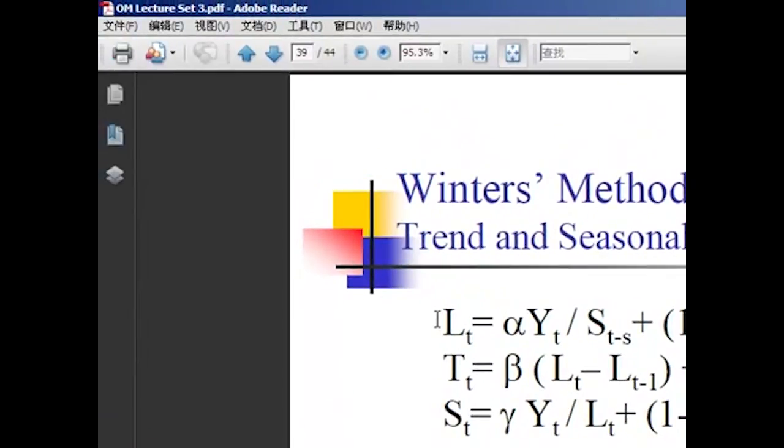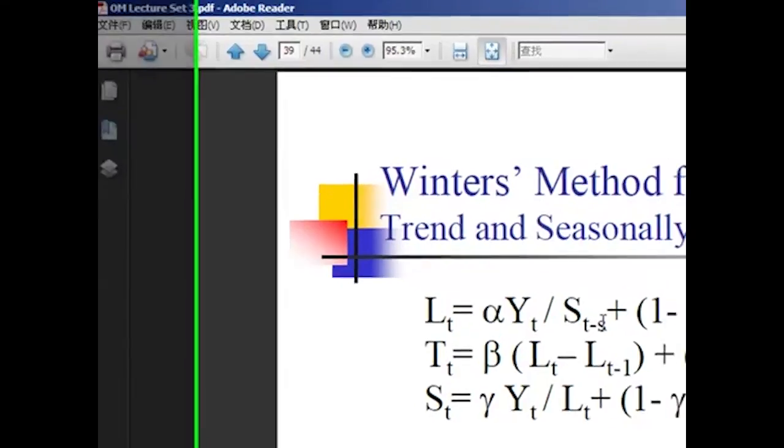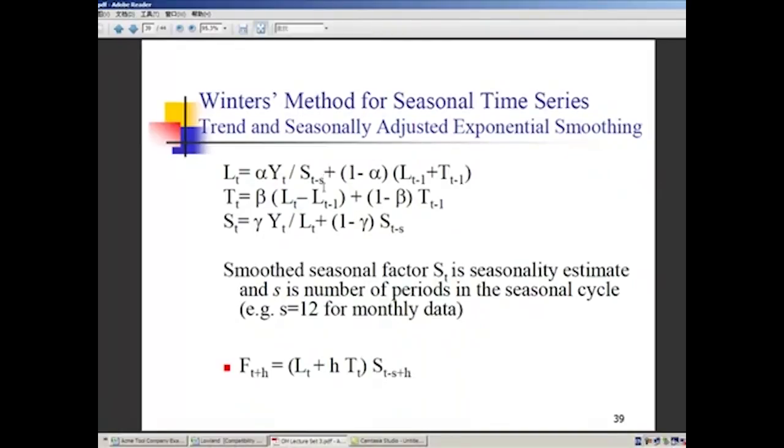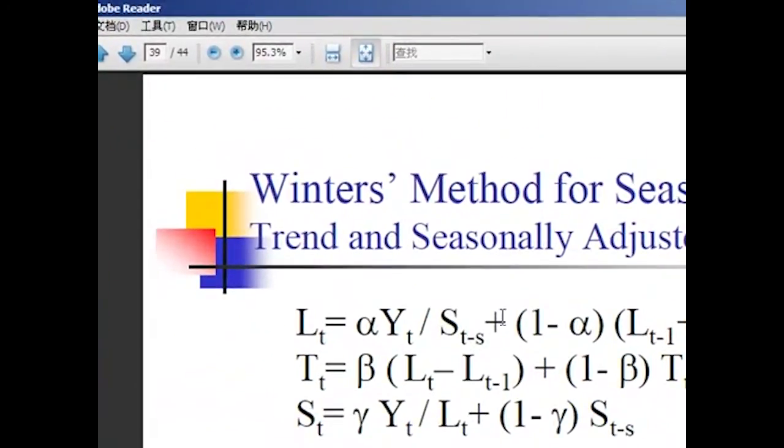When we update our estimate for the level, it looks similar to the Holt model, but we must adjust these estimates by the seasonal factor. If it's monthly data, then S equals 12. If it's quarterly data, S equals 4. So it is adjusted by the seasonal factor for the same season in the last year.